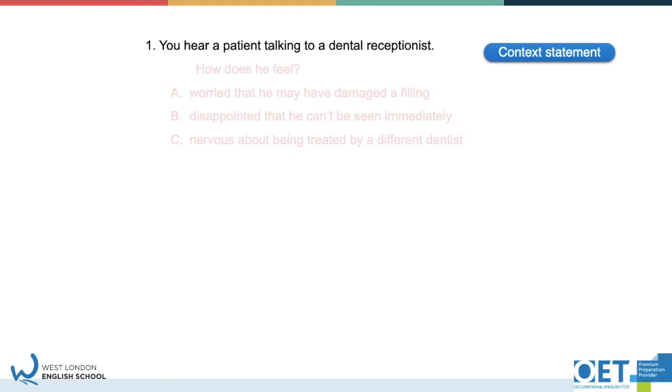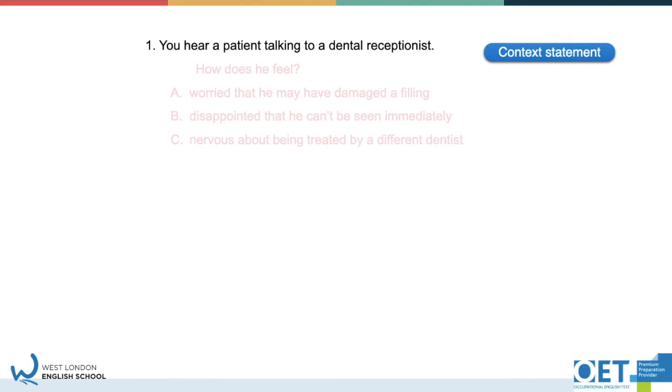Well, we know that the patient is at the dentist, but the patient is not with a dentist. The patient is probably in reception. There might be other people in the room. We're probably not going to hear too much technical language because the patient is talking to a receptionist rather than someone who is a dentist or an assistant dentist or something like that.